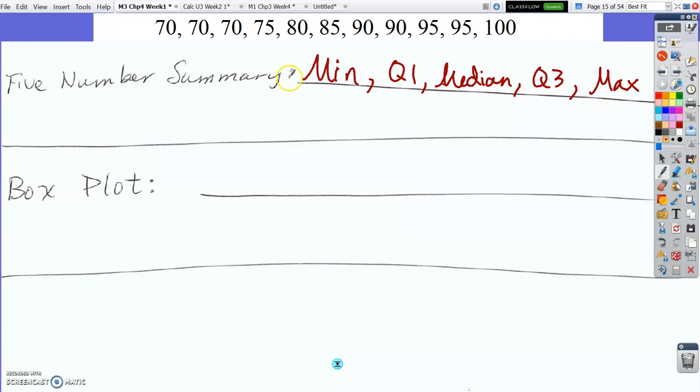The min is easy. The min is 70. The max is 100. And the median we found on our previous page. The previous page was 85. So the median goes here in the middle. So we have 3 of our 5 numbers. Now we need to find the other 2.